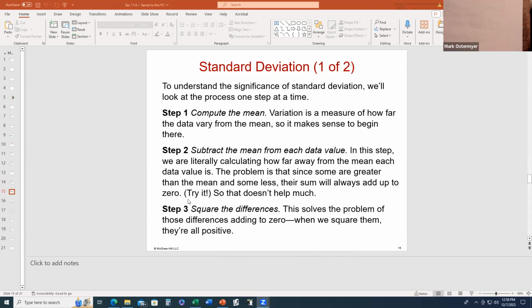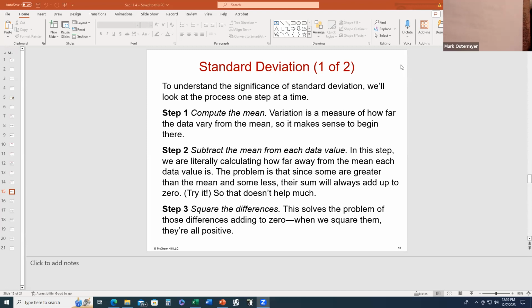So again, this is elaborating on the steps that are used to compute the variance of a data set. Computing the mean. You obviously need the mean if you are to compute, in general, the average of the distance away from the mean that every data point experiences.